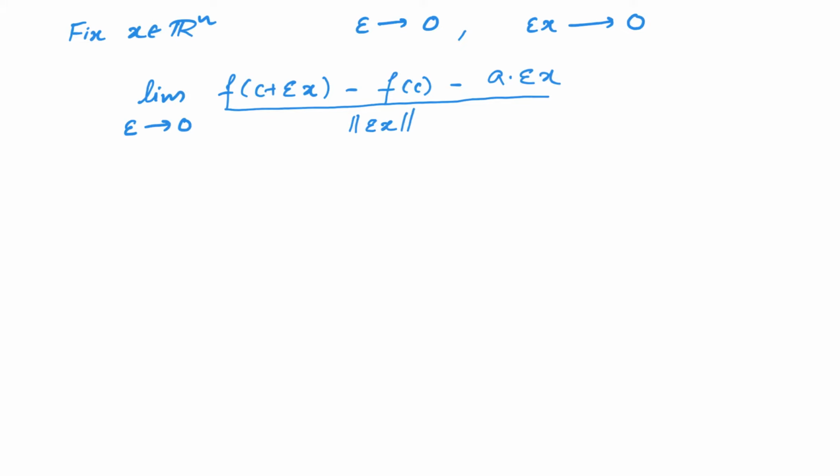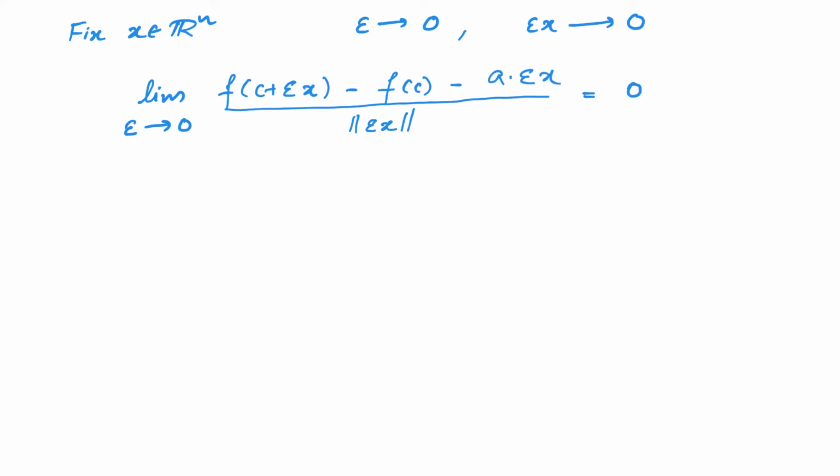Notice that we replaced epsilon x tends to 0 by epsilon tends to 0 because they are both equivalent. And as f is differentiable at the point c, we know that this limit has to be equal to 0.